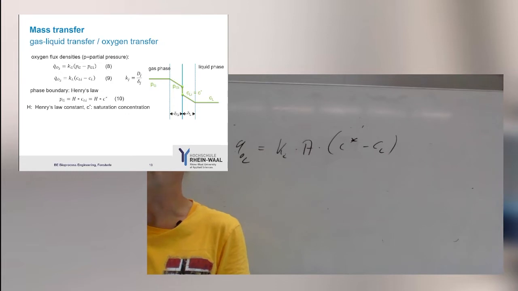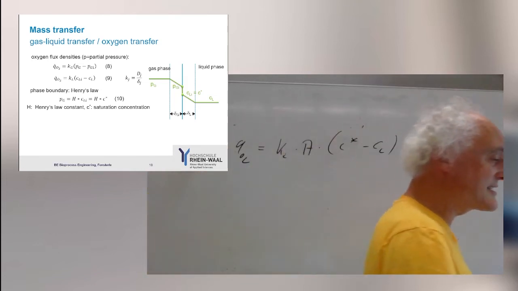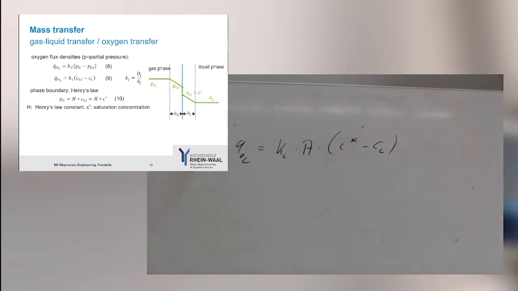This is how much oxygen is getting into your bioreactor per time, flux. And now, the point is, if you look at this value, so you have your bioreactor, and you say, okay, I'm getting this now into my bioreactor. Now you want to compare that, of course. So how much oxygen is getting in your reactor? Is that a lot? Is that little? And so on.